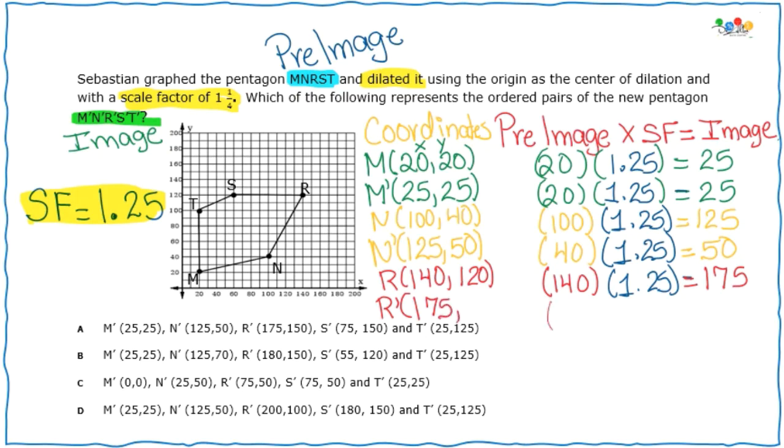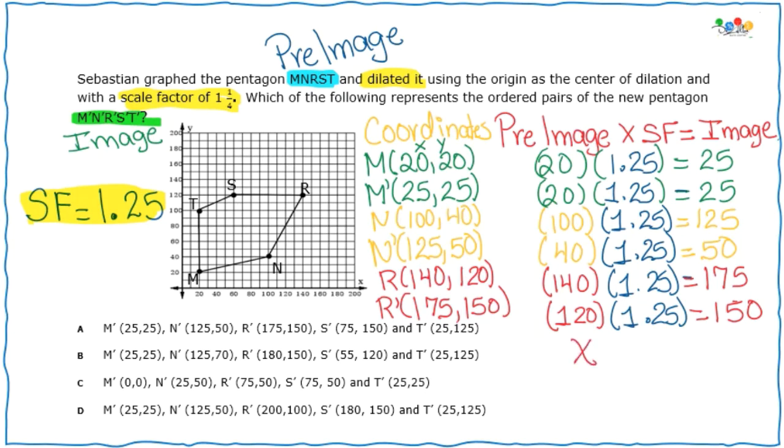Very good, we are almost there. Then I'm going to multiply my Y value, which is 120, by my scale factor, which is 1.25, and my answer will be 150. So the Y value is 150. If you notice, these are my X values.